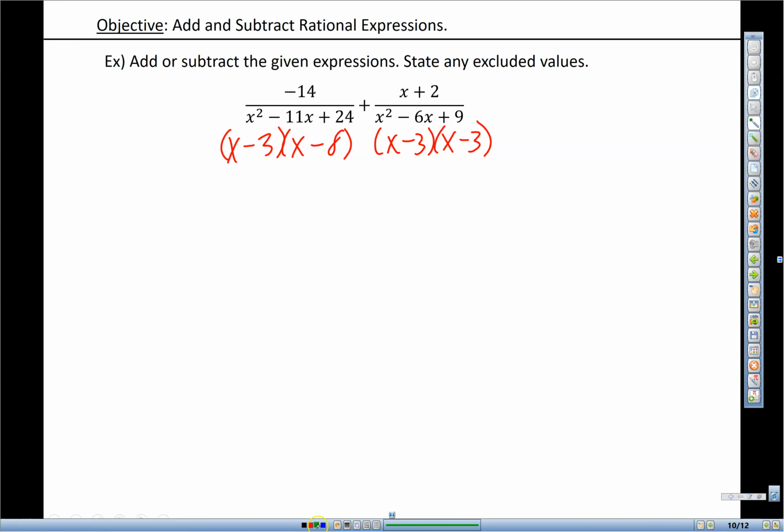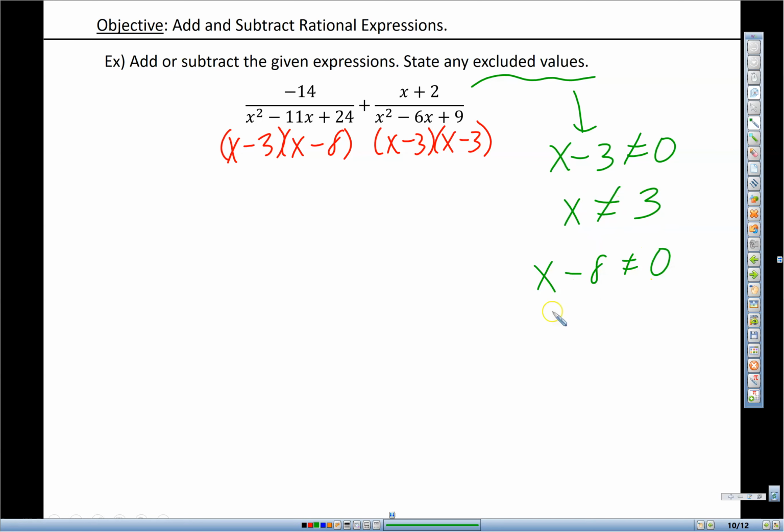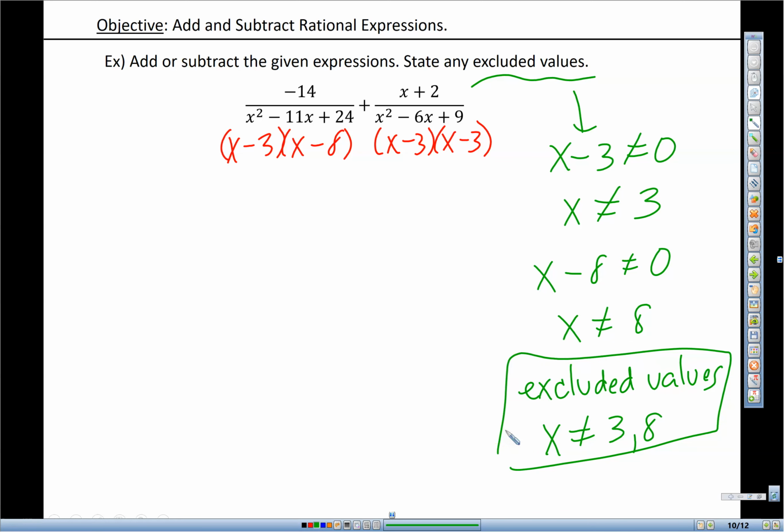So our excluded values, going left to right with these denominator factors: x minus 3 can't be 0, so x can't be 3. X minus 8 can't be 0, so x can't be 8. And then x minus 3 over here is a repeat, so we don't have to do that. So for the excluded values, we have x cannot be 3 or 8 as a conclusion.